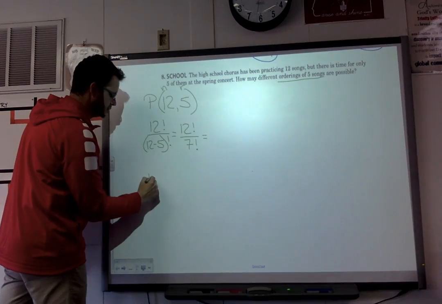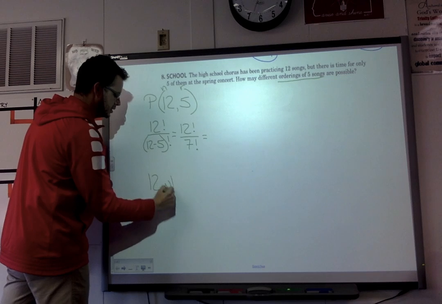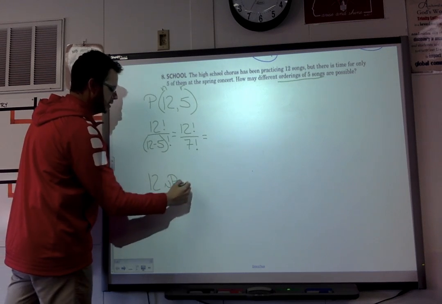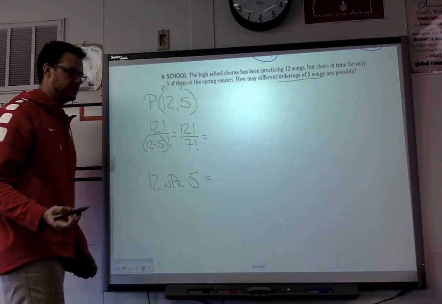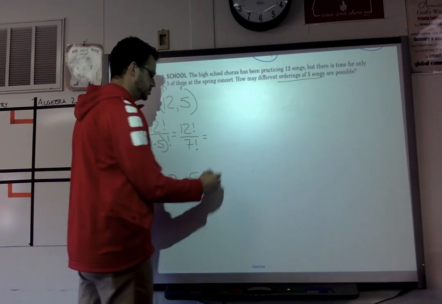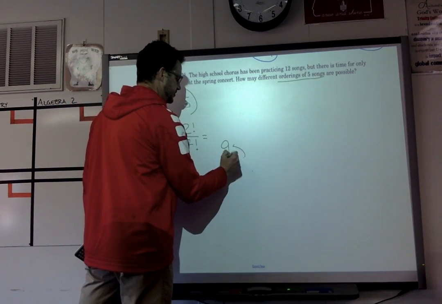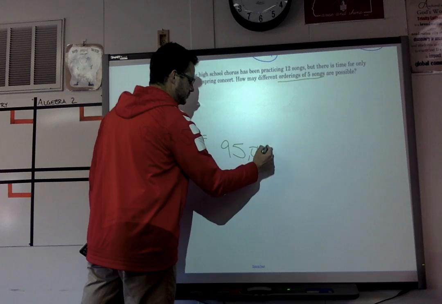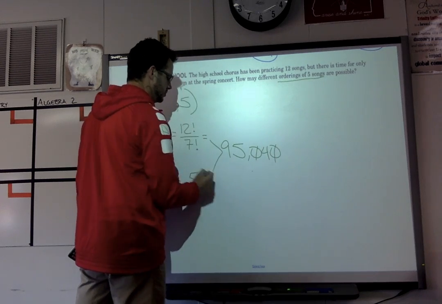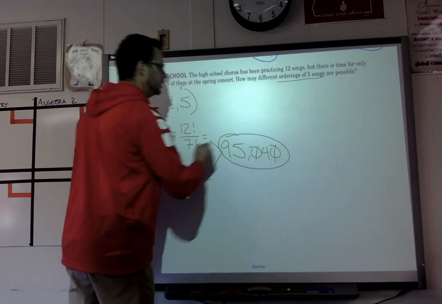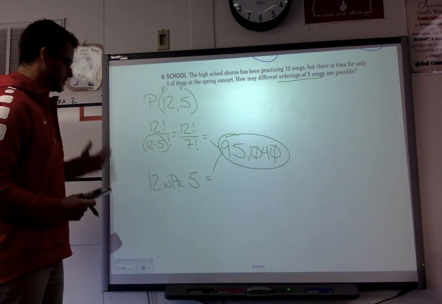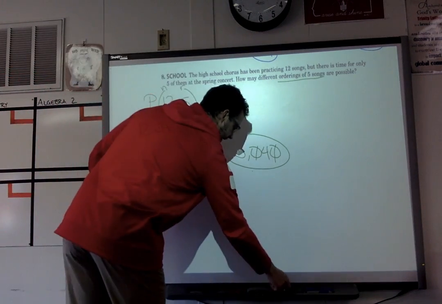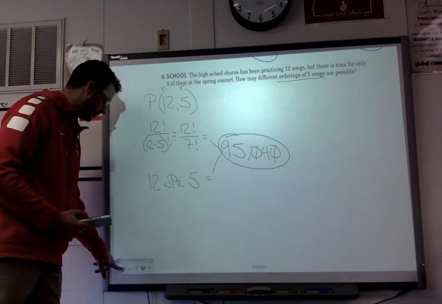So you would do 12 nPr 5, which either way, you would get a solution of 95,040 possible ways to order 5 of those 12 songs. So that's permutation. Again, that's when the order does matter.